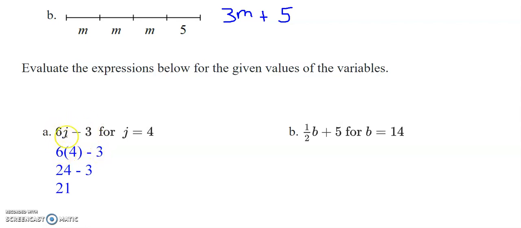So anywhere we see a j, we put the 4 because that's what its value is now. So I rewrote it as 6 times 4 minus 3. This is also an order of operations problem, right? PEMDAS. We do our multiplication before our subtraction. So then I'm going to rewrite it as 24 minus 3.